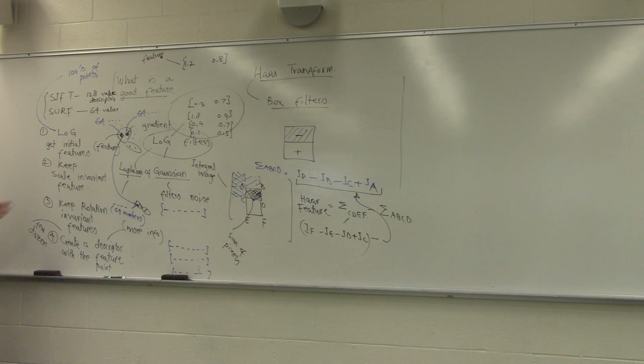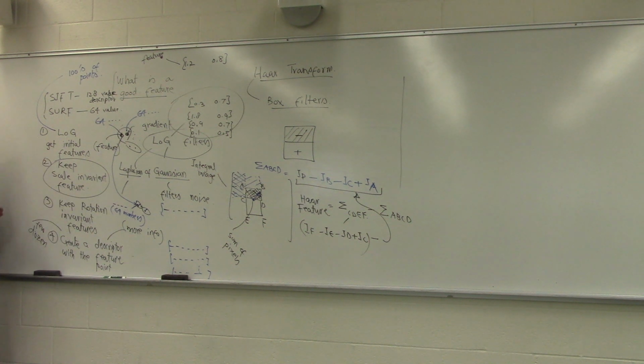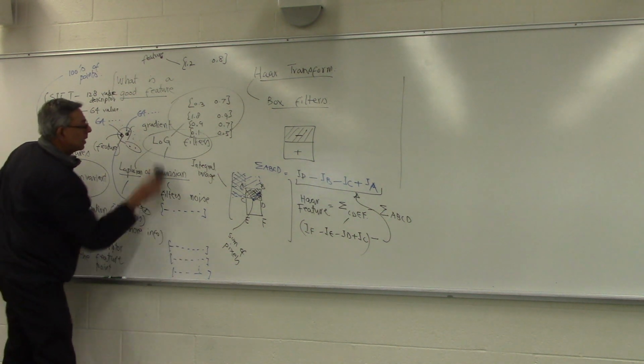So anyway, one more small clarification before we take a look at the PowerPoint slides is, how do we know a feature is scale invariant? Okay, so let me clean up a little bit.